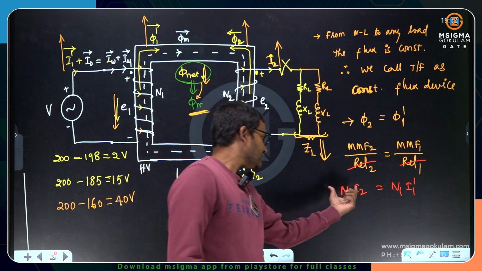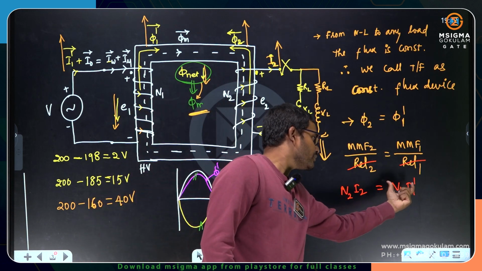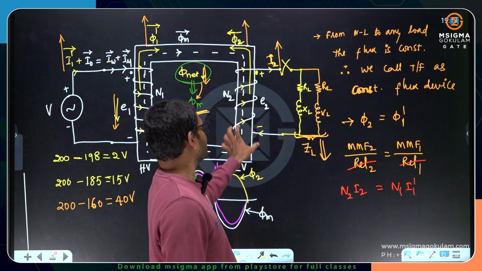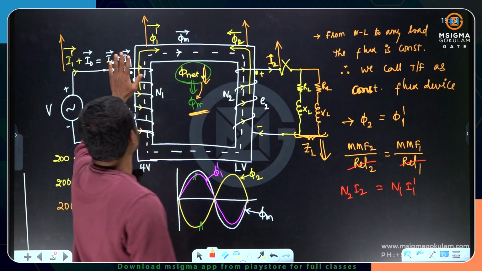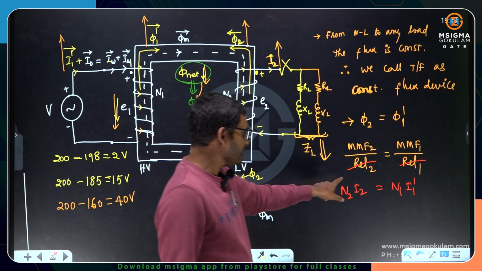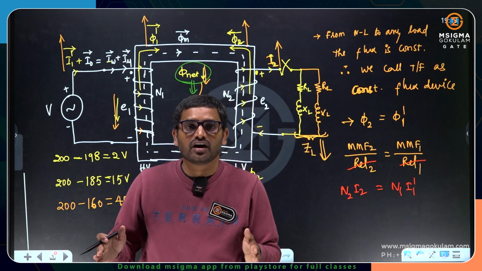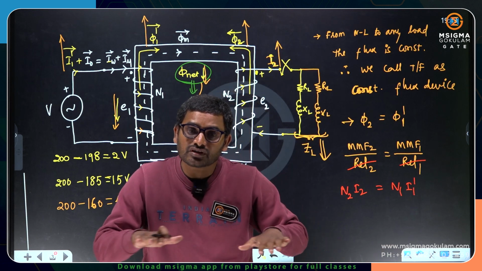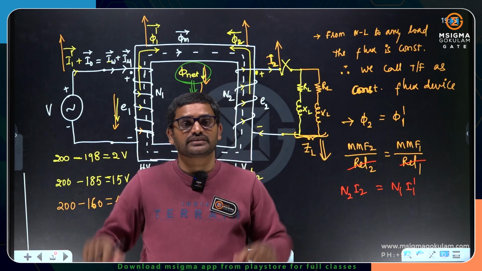So this N2 I2 is equal and opposite to N1 I1 dash, or otherwise, whatever magnetomotive force is produced at the secondary can be compensated by the magnetomotive force produced by the primary. That's the reason why we call the transformer a constant flux device, and here MMF is balancing. Magnetomotive forces are balanced, equal and opposite.